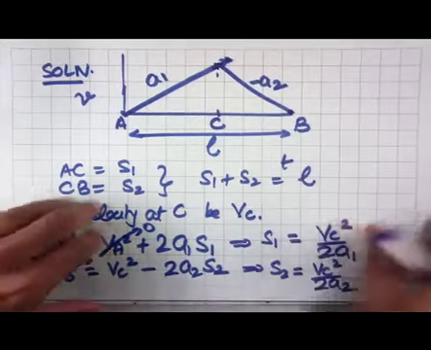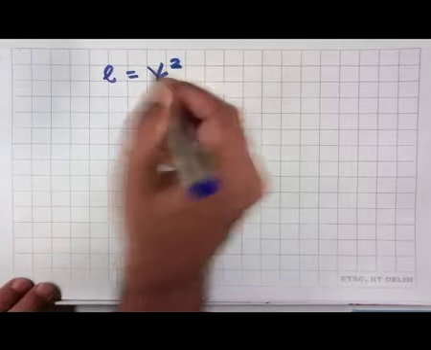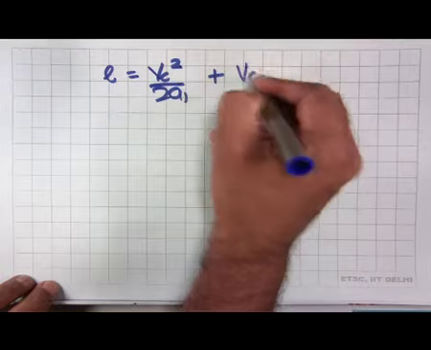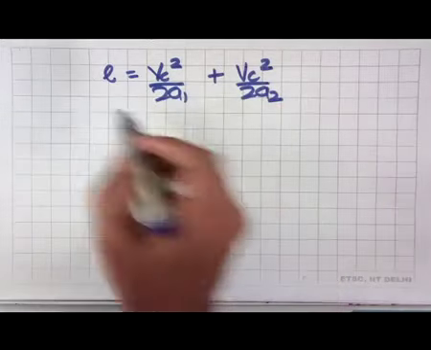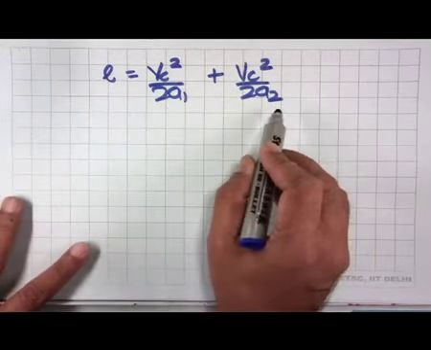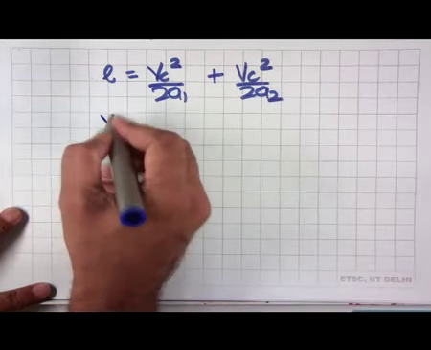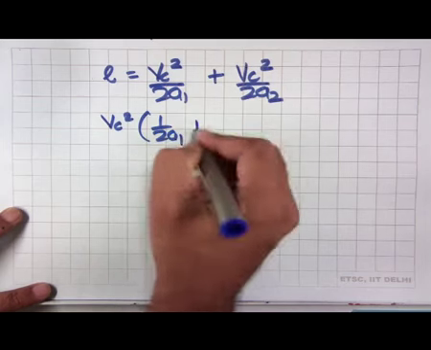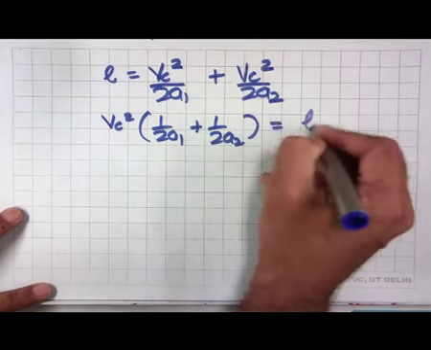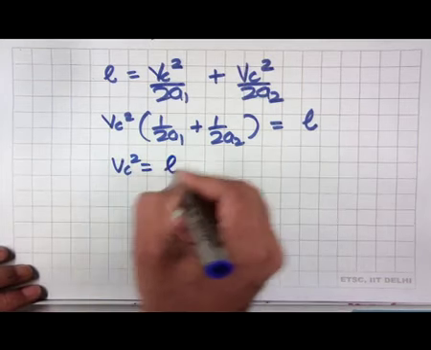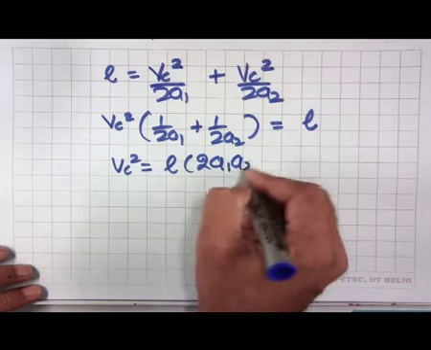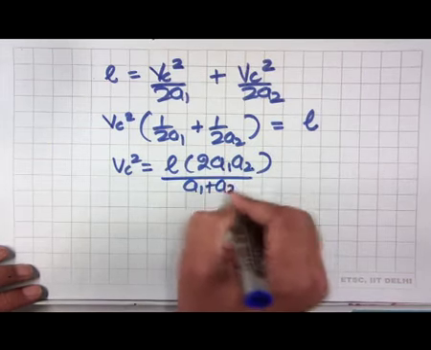The total distance is L, so L is equal to Vc square upon 2 A1 plus Vc square upon 2 A2, since S1 plus S2 is L. We know L, A1 and A2, and we have to get our answer. So Vc square into (1 upon 2 A1 plus 1 upon 2 A2) is equal to L. This gives Vc square equal to L times 2 A1 A2 divided by A1 plus A2, when you simplify.